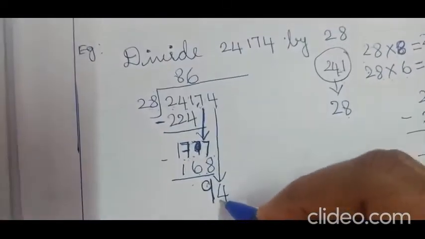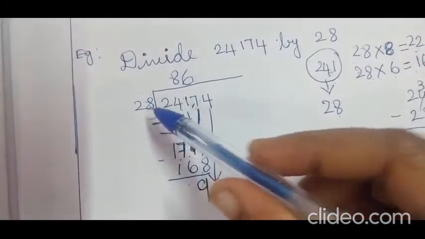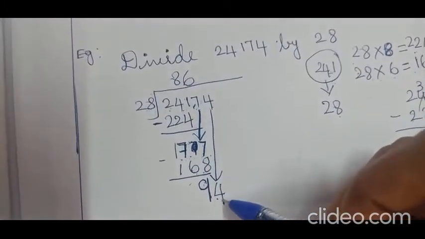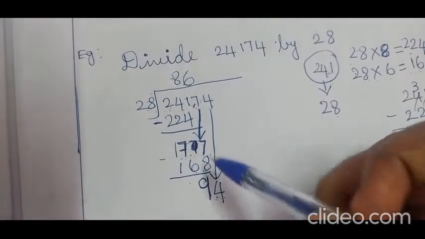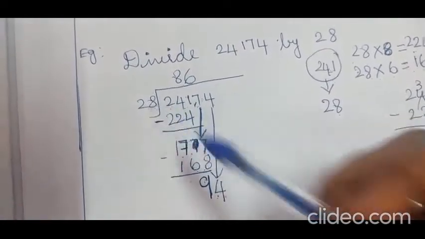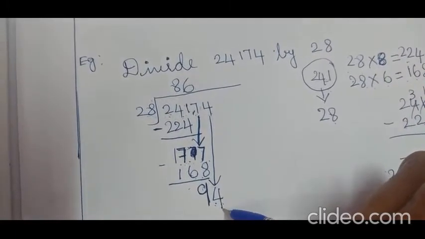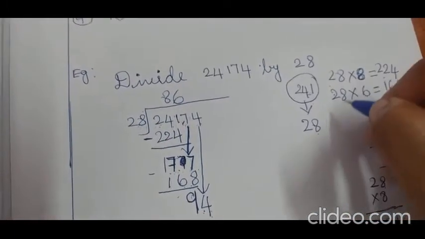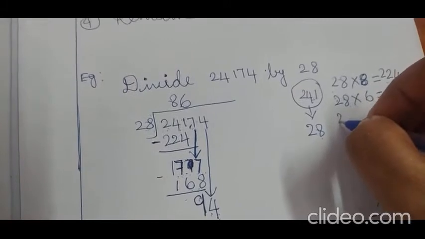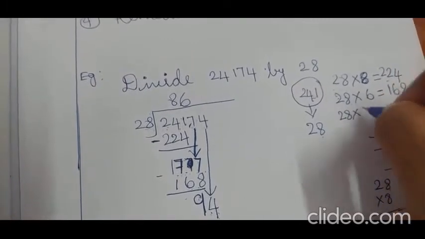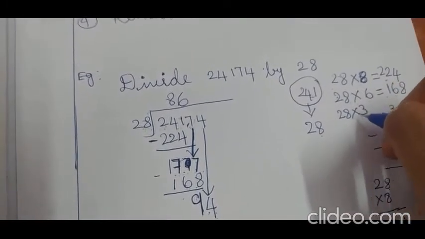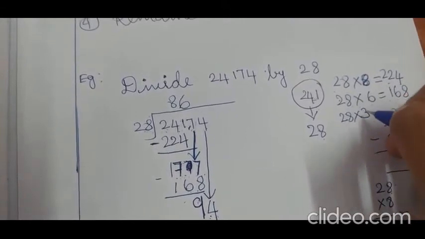So 94 with 28. We have to divide 94 by 28. In this 94, how many 28s are there? That we have to find out. So we will write 28 into 3. We should know the 28th table also.